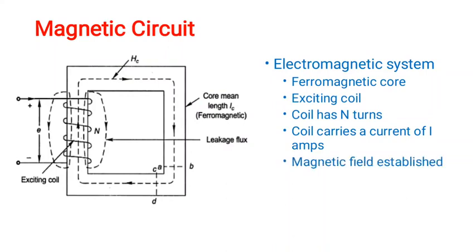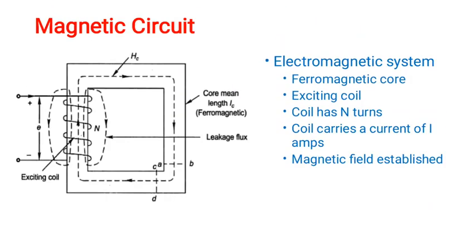Then a magnetic field will be established. When the supply is given here, because of the electromagnetic induction principle, there will be a flux around this coil, and this flux will be carried through the core.